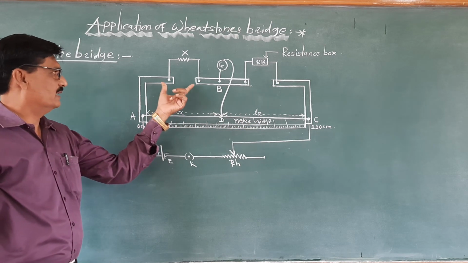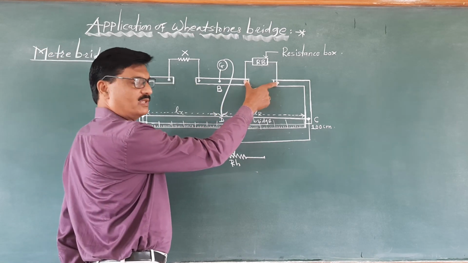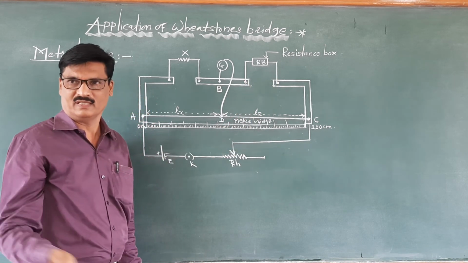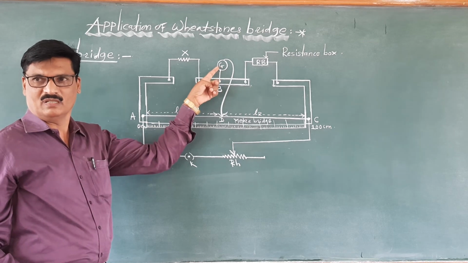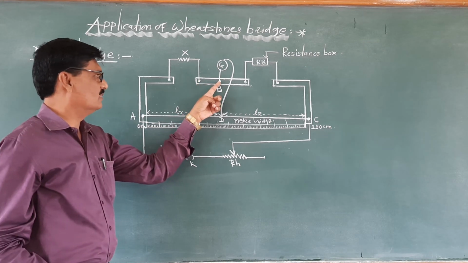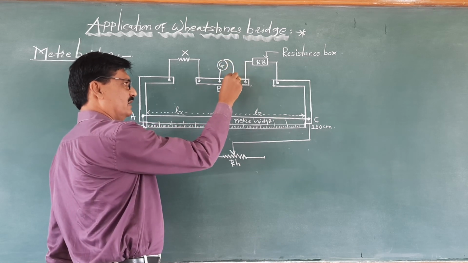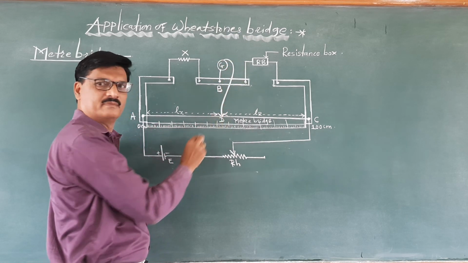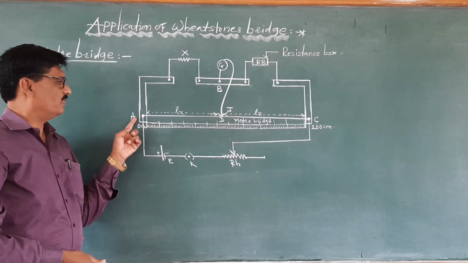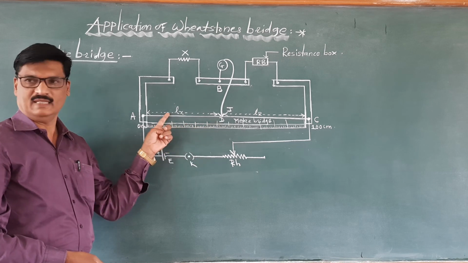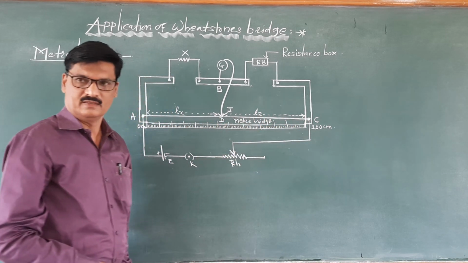In the left gap, the unknown resistance is connected, and the known resistance box is connected to the right gap. Also, one terminal of the galvanometer is connected to junction B, and the other terminal of the galvanometer is connected to the jockey. The distance from point A to point D is Lx, and the distance from point D to C is Lr.